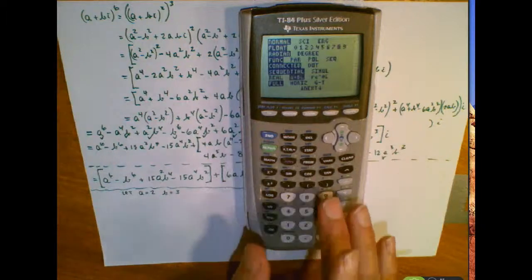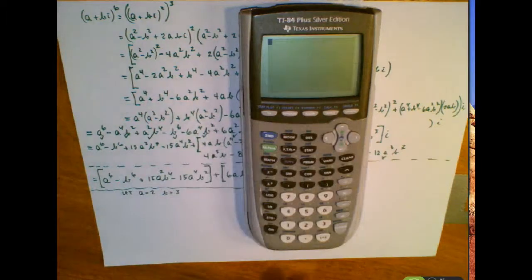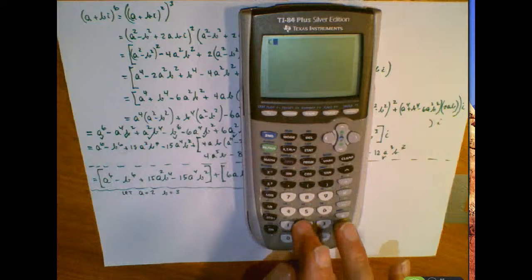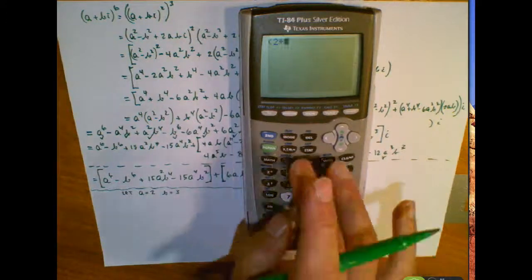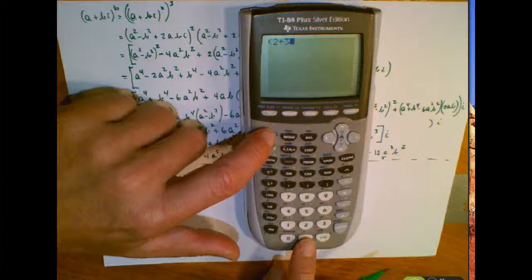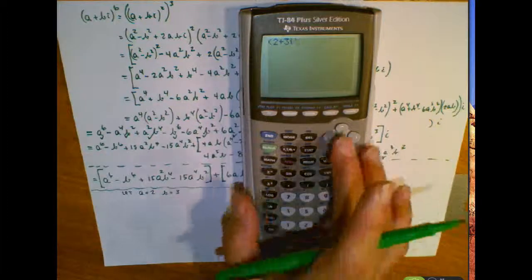So we hit enter there. And so let's go to our home screen and let's figure out what a plus bi to the sixth power is. So I'm going to say 2 plus 3, and second period is the i symbol.